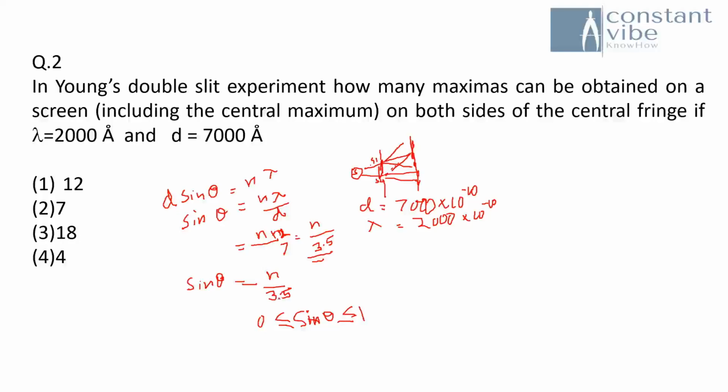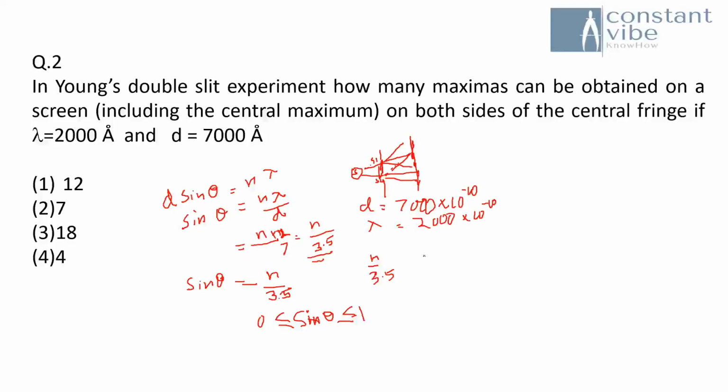So here it is 3.5. So n divided by 3.5, for what values of n will sin theta be between 0 and 1?